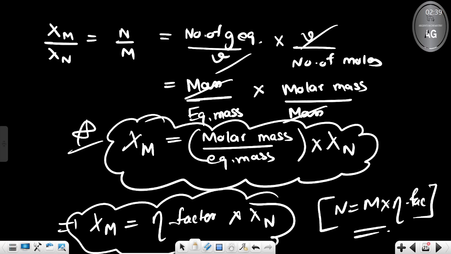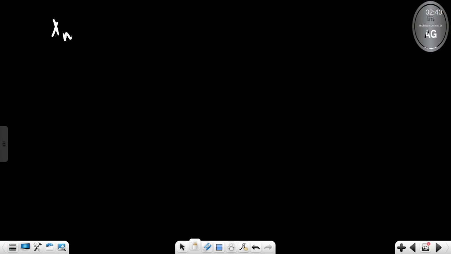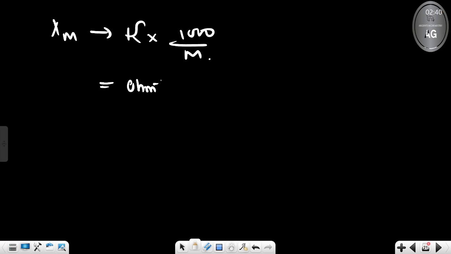Let me drink some water. Let's come back. Units of this and units of this. Let's calculate quickly the unit of lambda m. What is the formula? Kappa into 1000 upon molarity, right? What was the unit of kappa we found out just some time before? Ohm inverse centimeter inverse. Into molarity: the unit will be mole per liter, but this is inverse.